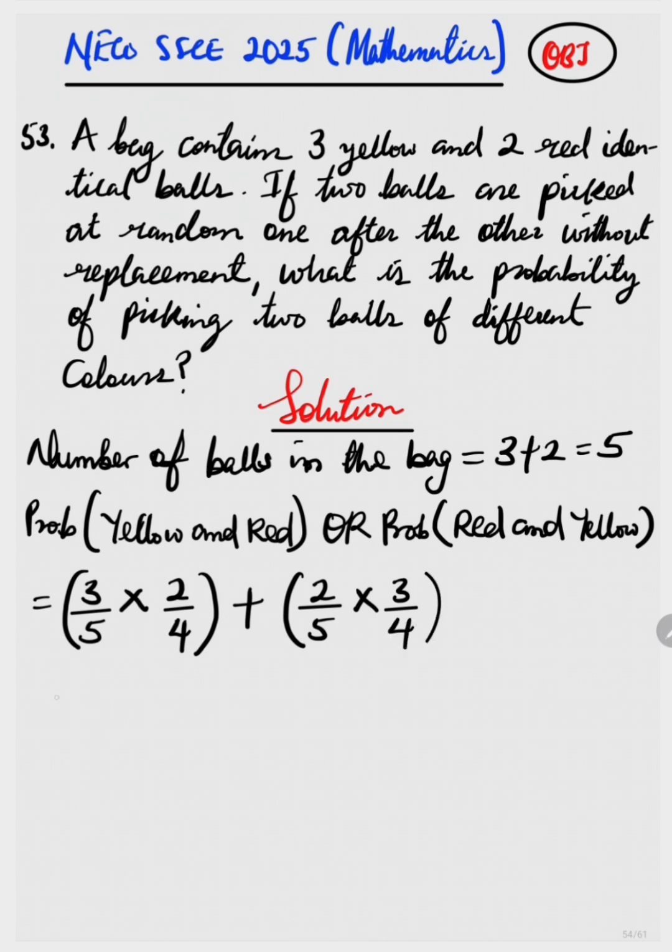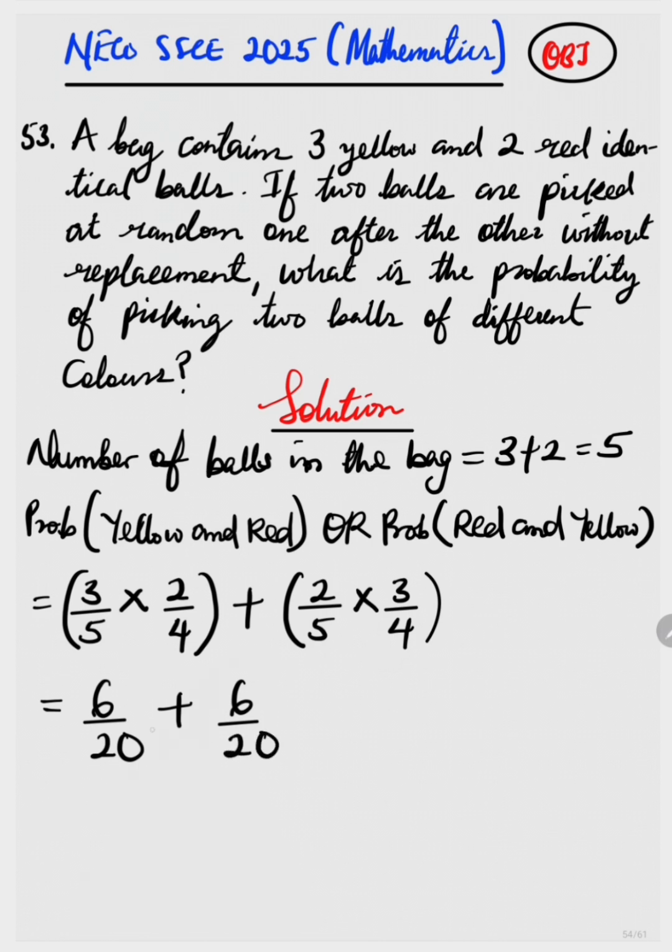All right. So 3 multiplied by 2 gives 6, and 5 multiplied by 4 gives 20. Plus 2 multiplied by 3, 6, 5 multiplied by 4, 20.